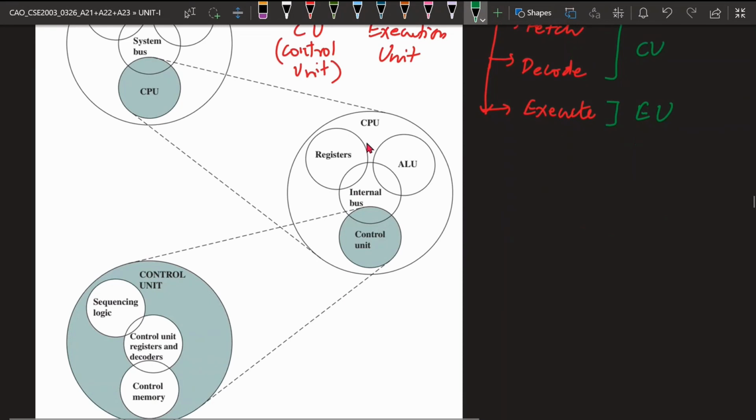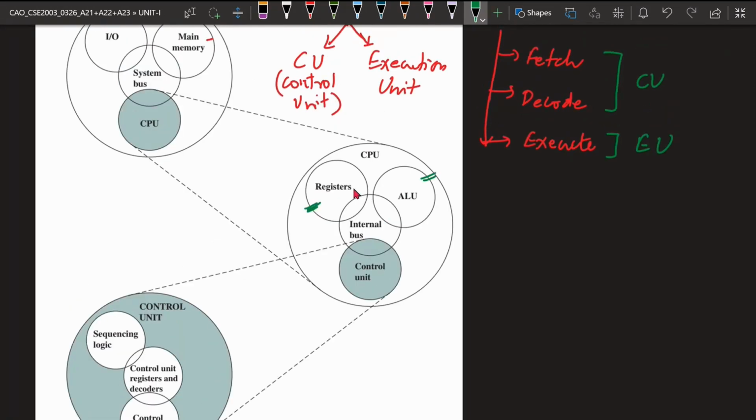Then further, in the CPU, some temporary memory locations are there. These are called registers, and temporary storage of data is done by the registers. All these individual blocks are connected together with the internal bus. This is inside a particular CPU.